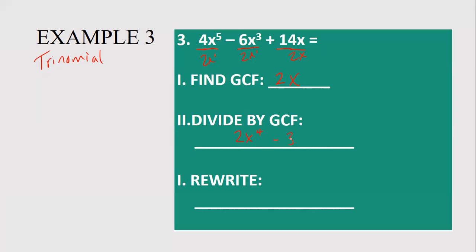What's 3 minus 1? And then 1 minus 1 is 0. Your solution is always your GCF times your quotient. Our GCF was 2x. Our quotient was 2x to the 4 minus 3x squared plus 7.